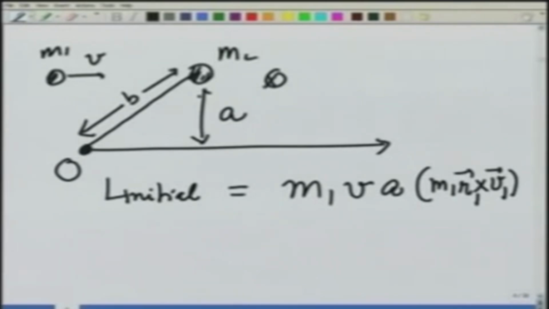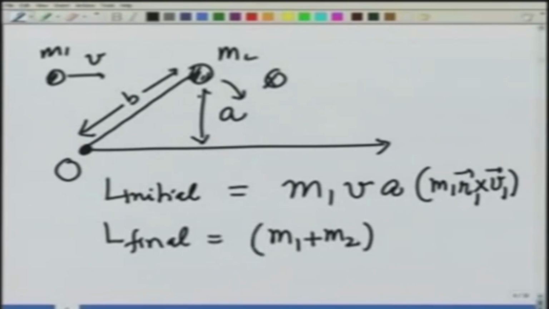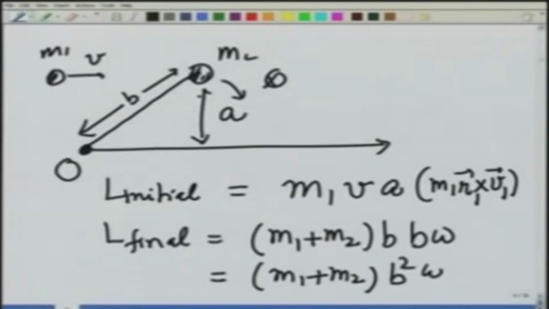After the masses get stuck and they start moving with angular speed omega, L final is going to be, now the masses m1 plus m2 will be moving with speed, the velocity is going to be b times omega, and times b gives me L final, which is (m1 plus m2) b square omega. Again, the direction being into the plane of this paper.